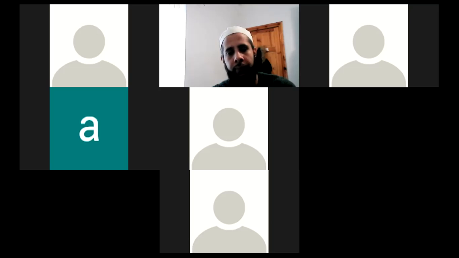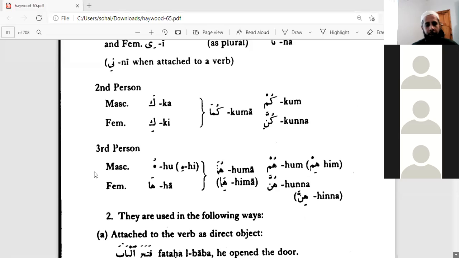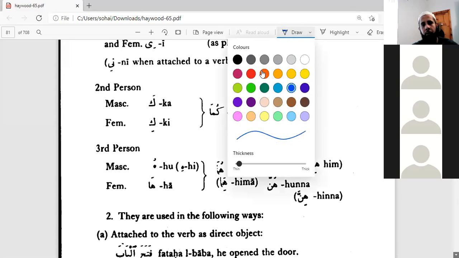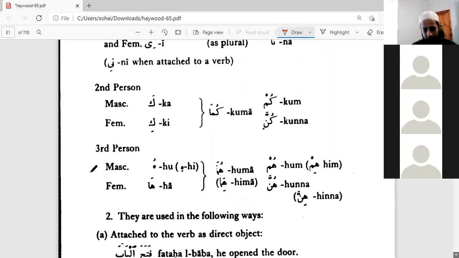Then, instead of writing, I could just share the book with you, because I think it makes it quicker. Okay, so we've done the third person. You should be able to learn how to read the book.